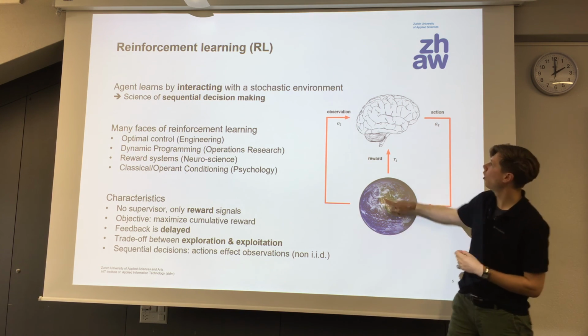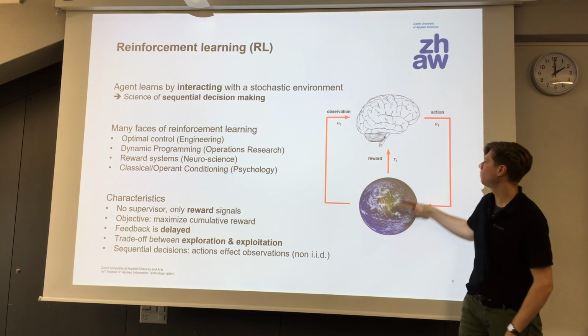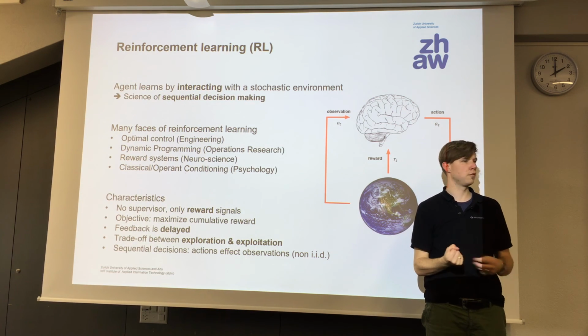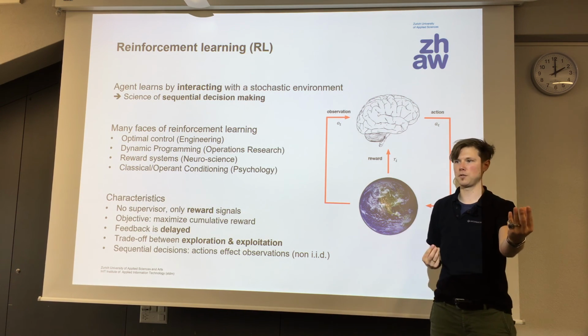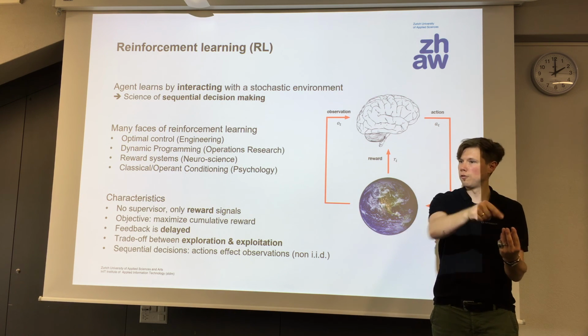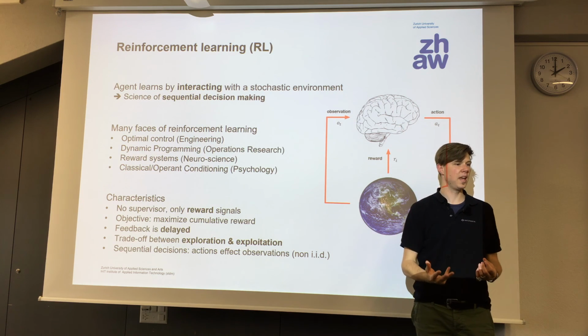And it's just learning in that process of acting in an environment by sometimes receiving a reward. And it's not like in supervised learning, where for every action you do, for example classification, you directly get the result of true or false, or correct or incorrect. The reward can come very much at the end.